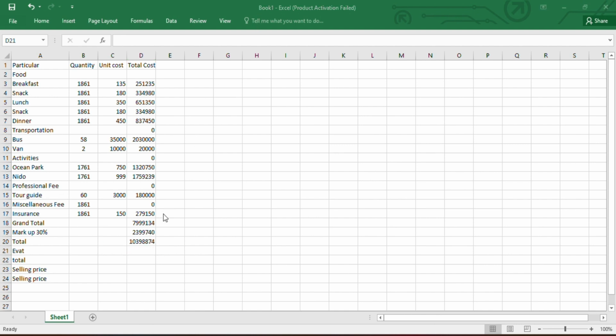Then for our total, we're going to compute D20 times D21.